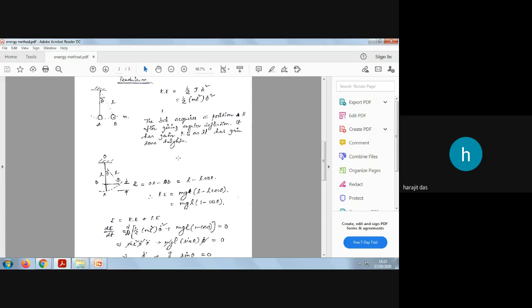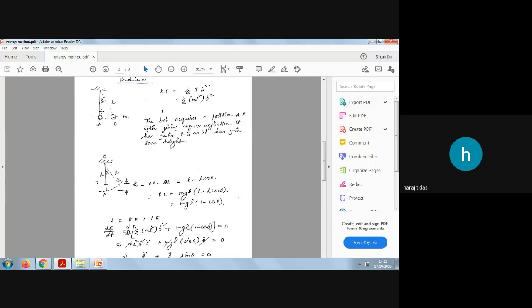So we have found the two main energies. As I have told you, in Rayleigh's energy method only the kinetic energy and the potential energy of the system will be considered, because these two energies have more effect than the other smaller energies due to friction or other dissipative energies.